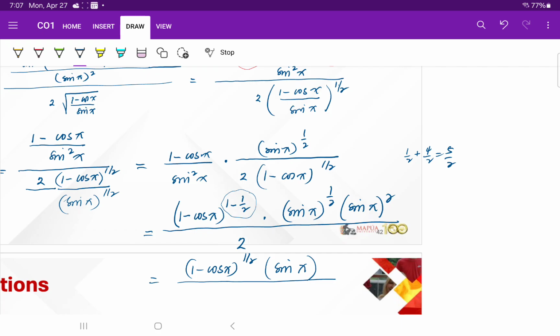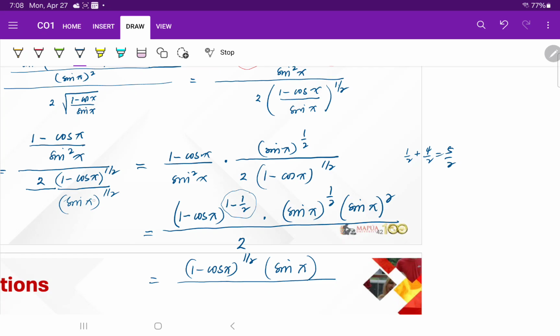So if we simplify, we get what? 1 minus cosine x over sine square x is correct, times the reciprocal of the denominator.